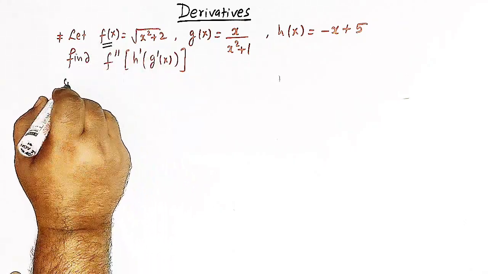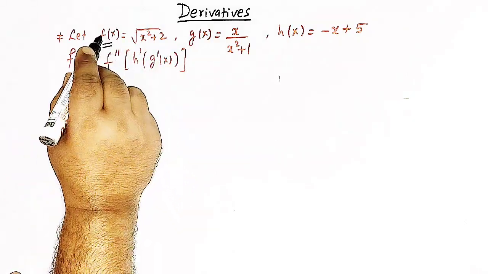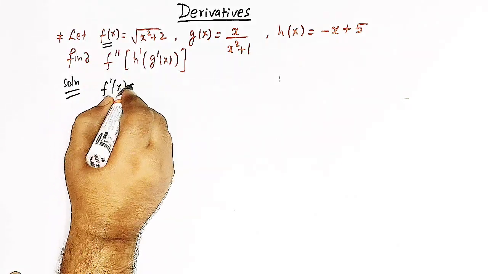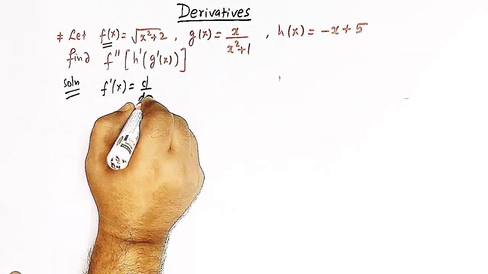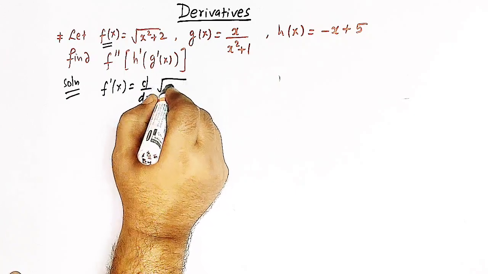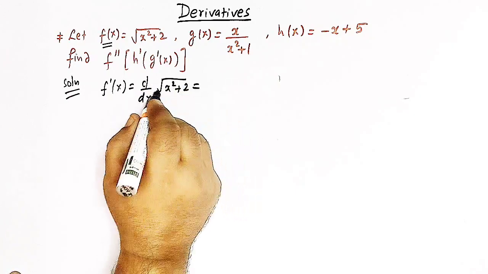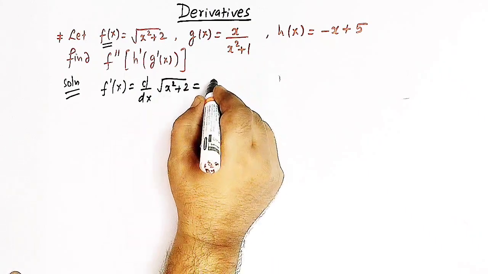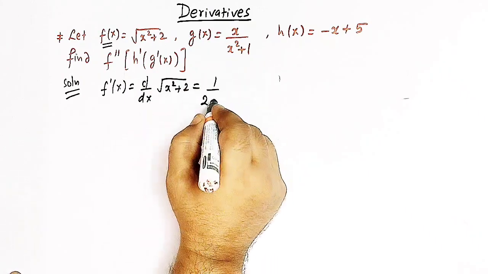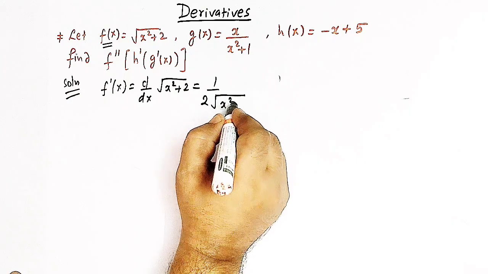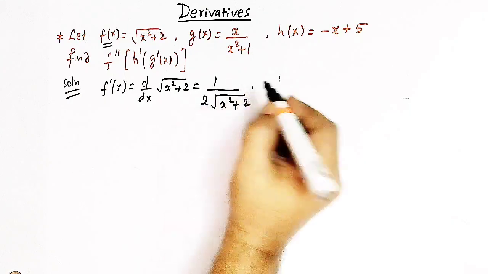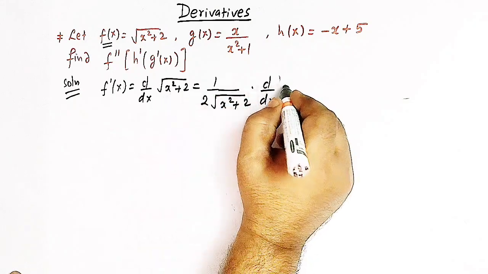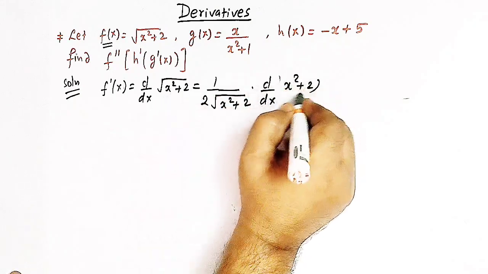Let us first find the first derivative of f of x. So f prime of x is given by d by dx of square root of x square plus 2, and this expression can be differentiated like this: half, then we have square root of x square plus 2, and then by chain rule we have the derivative of x square plus 2.